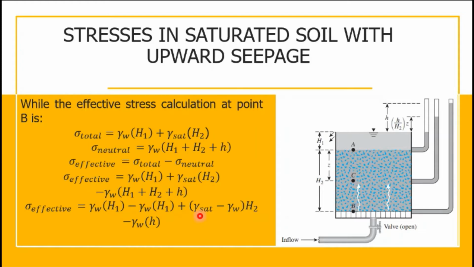And we all know that the saturated unit weight of soil minus the unit weight of water is equal to the buoyant unit weight of the soil. Therefore, the effective stress is equal to the buoyant unit weight multiplied by H sub 2 minus the unit weight of water multiplied by the seepage head, which is H.